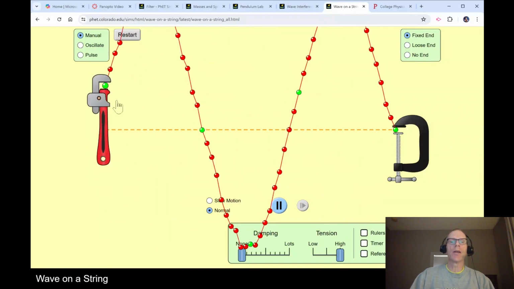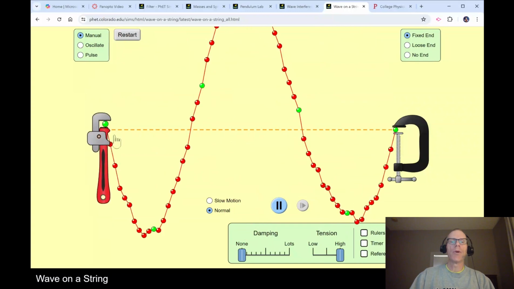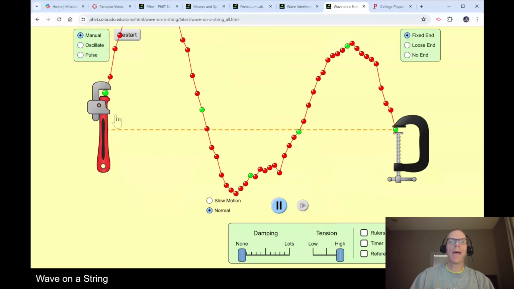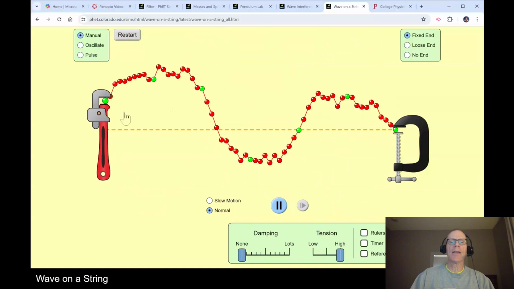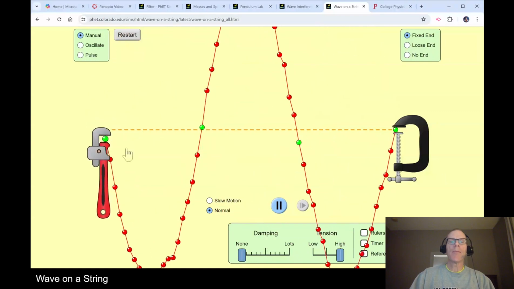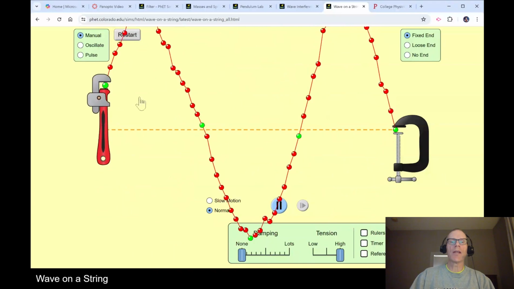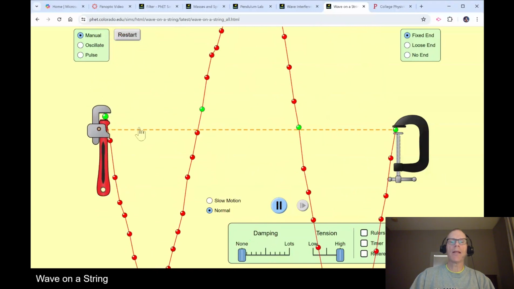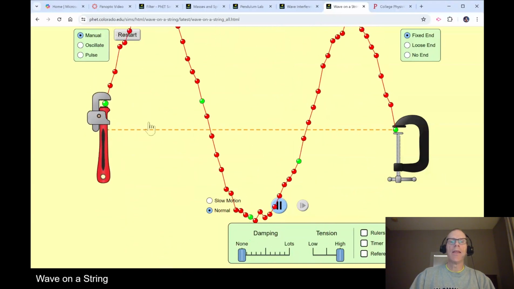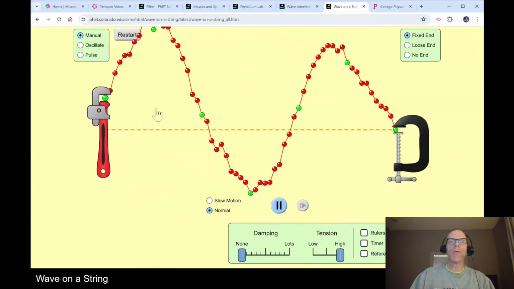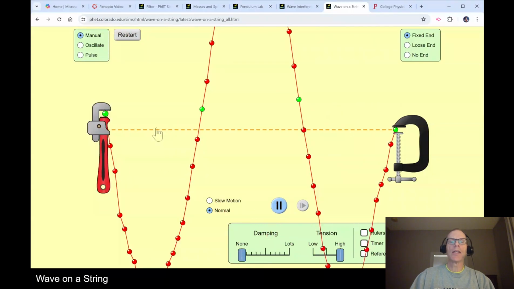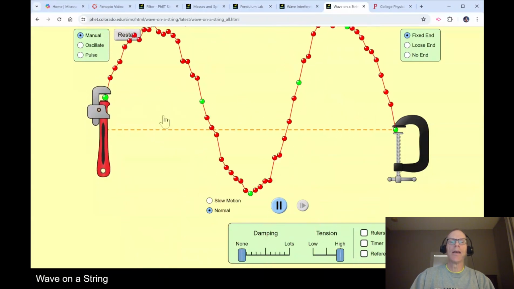Notice the green balls are pretty much always staying on that dashed orange line. So this time when I'm sending a wave down, it goes down towards the clamp, bounces back off the clamp, and they always meet in such a way that where the green balls are, there's canceling out.